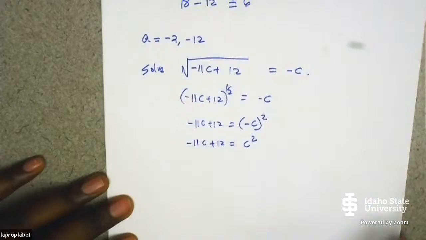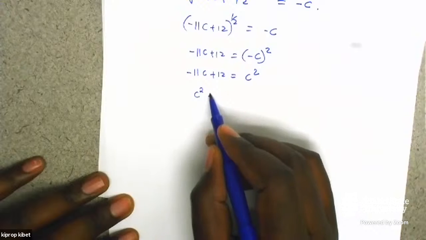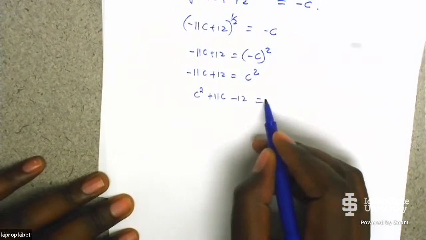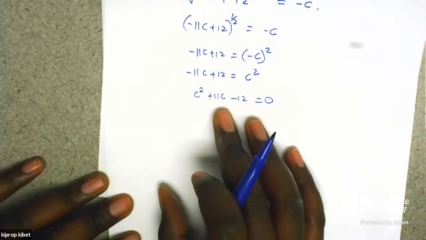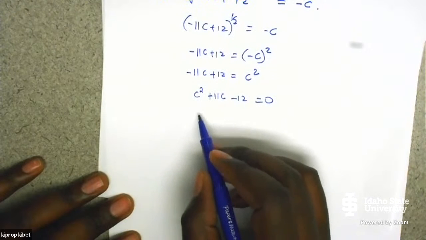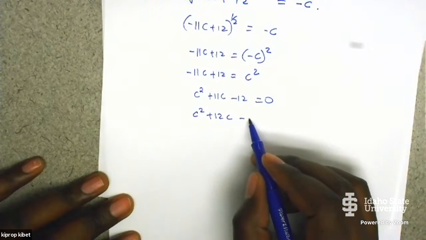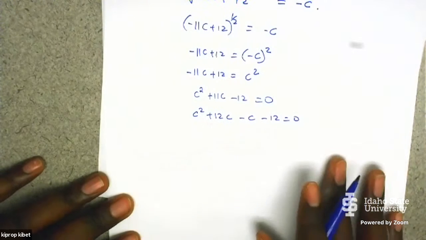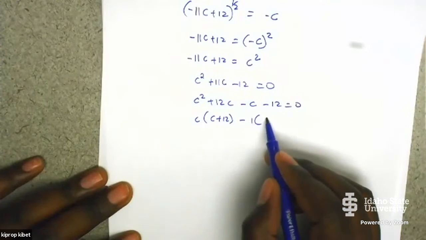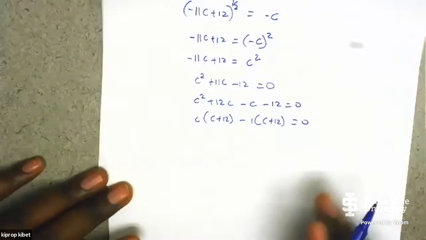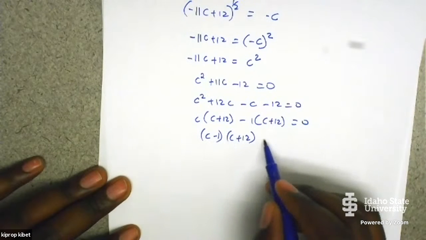You take all these values to the other side, so c squared plus 11c minus 12 equals 0. The product is minus 12 and the sum is 11. What are the two numbers? 12 and minus 1. So c squared plus 12c minus c minus 12 equals 0. So c(c + 12) minus 1(c + 12) equals 0. Using the zero product property, (c - 1)(c + 12) equals 0.